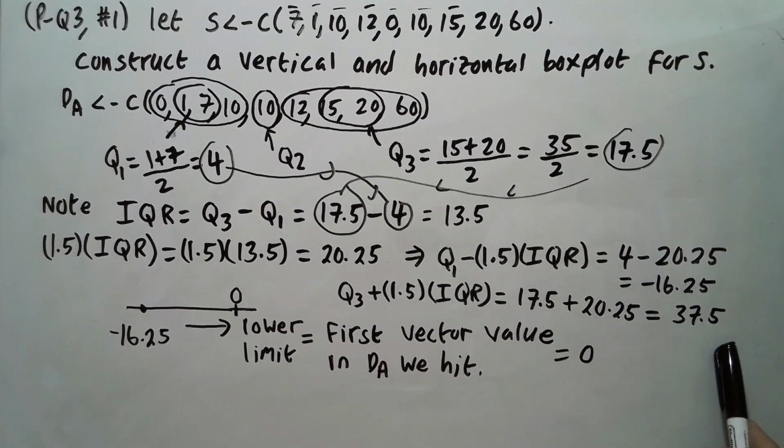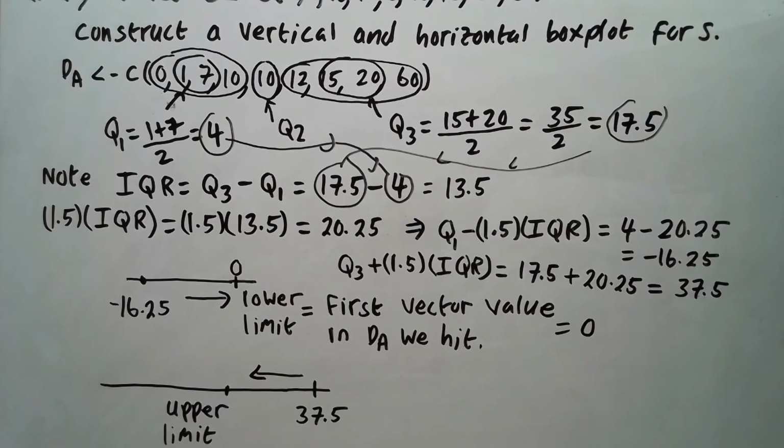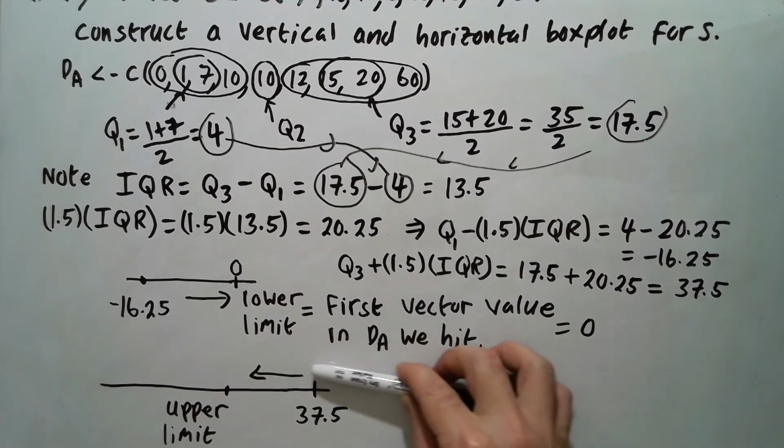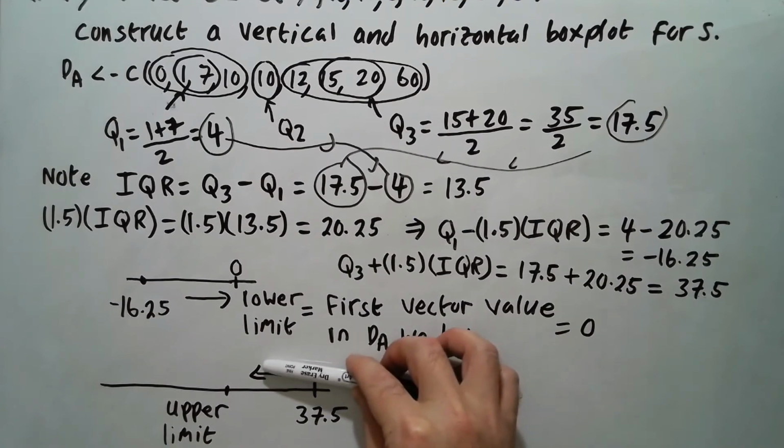And now let's find the upper limit. So our Q3 plus 1.5 IQR is 37.5. We're going to move down from that value, and it's going to be the first vector value we hit moving down from 37.5.